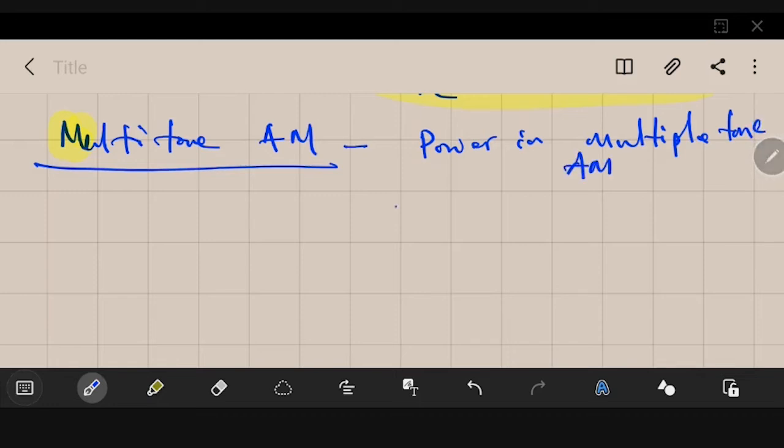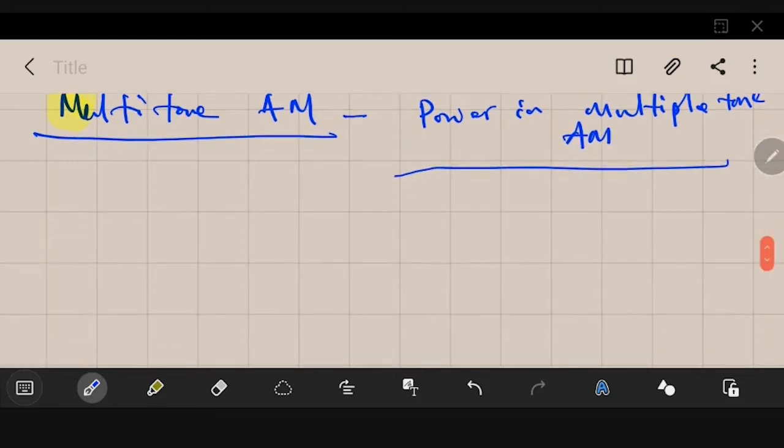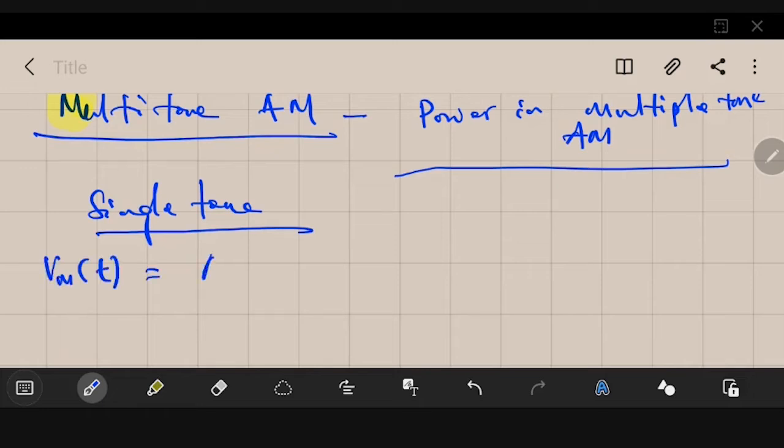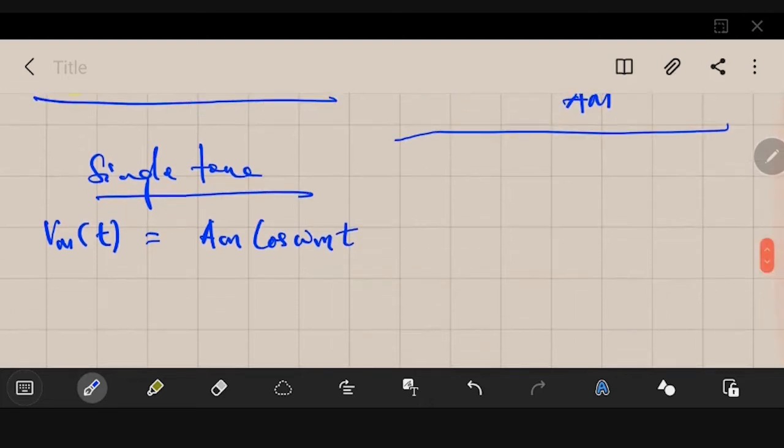So we have already discussed the single tone amplitude modulation. There you could see that your Vm of t was equal to Am cos omega mt, and it was modulated by a carrier which was AC cos omega ct.